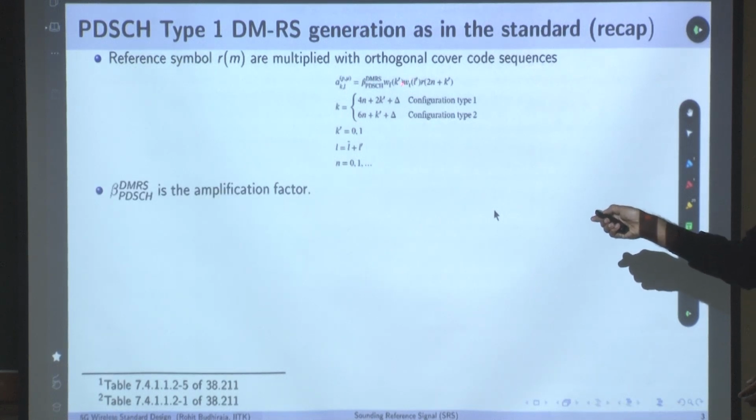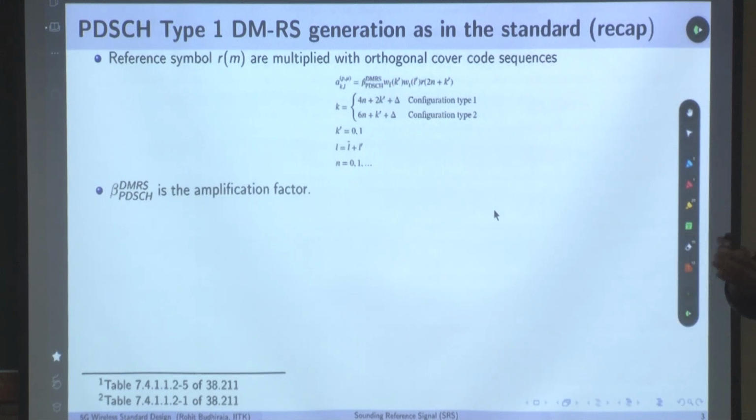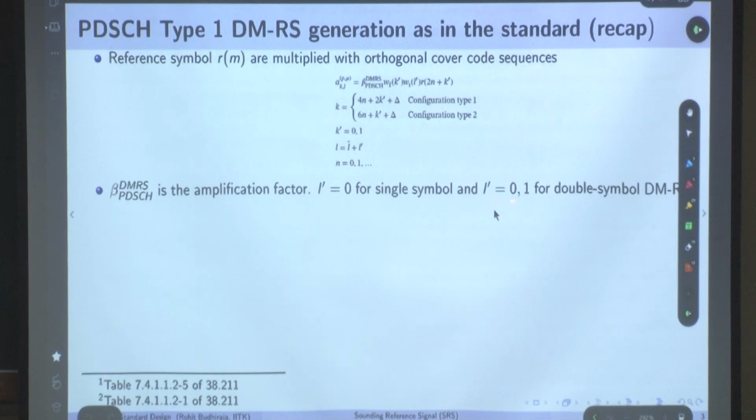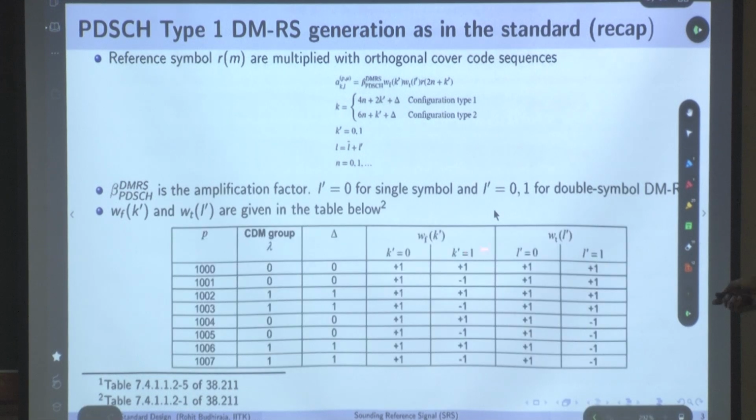These are the orthogonal covers used to create that orthogonal covering. It is a generic formula used for both type 1 and type 2, and L dash is 0 for single symbol, 0 and 1 for double symbol. These sequences are given in the table below.